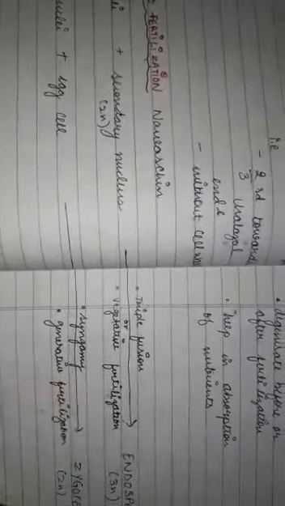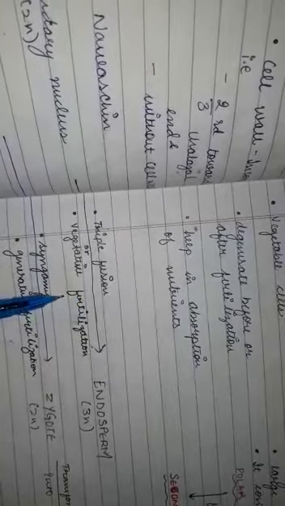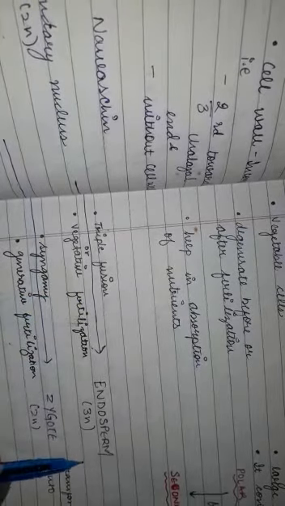Now during double fertilization, one of the male gametes fuses with the secondary nucleus. The process is called triple fusion or vegetative fertilization. It results in the formation of endosperm, which is a nutritive tissue, and the second male nucleus fuses with the egg cell, which results in the formation of a diploid zygote.